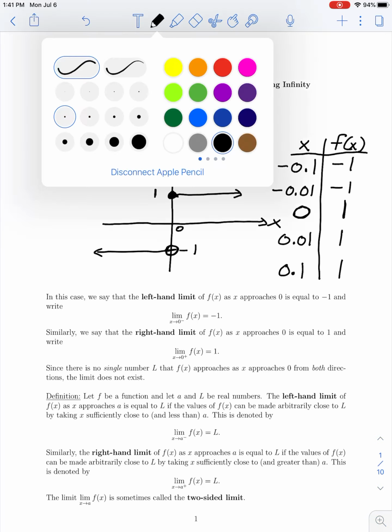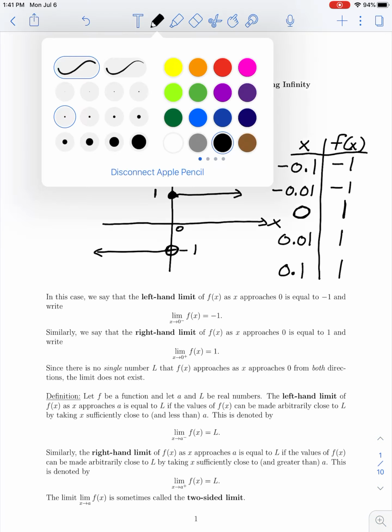So here, that extra condition where we're taking values of x less than a is used to distinguish a left-hand limit. And the notation that we're using is the limit as x approaches a, where the little minus sign beside the a is used to denote a left-hand limit of the function f of x is equal to L.